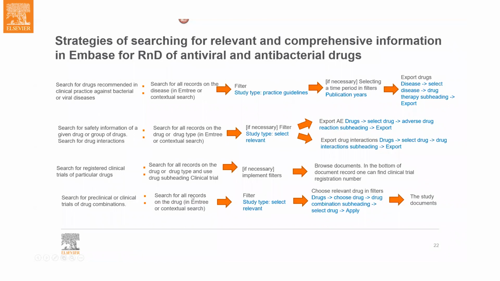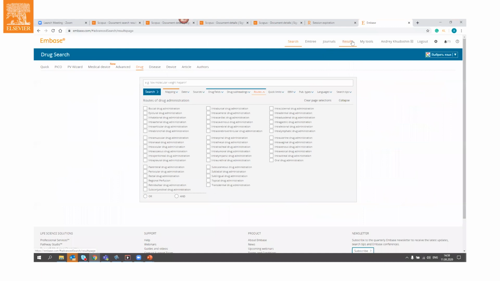For this, you need to start from one of the drugs. You can use filters or not if needed, and also you need to choose the drug combination subheading. How does it look?